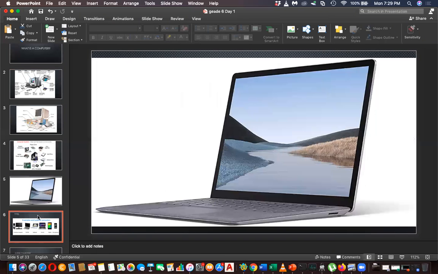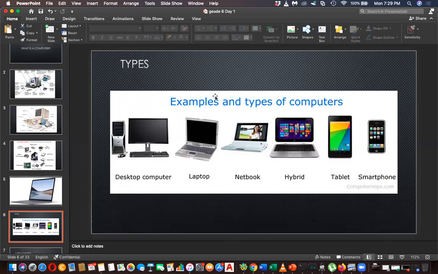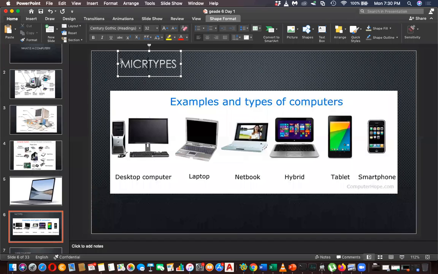Then we learned there are multiple types of computers, starting from your desktop computer to smartphone. All these are microcomputers, small computers.